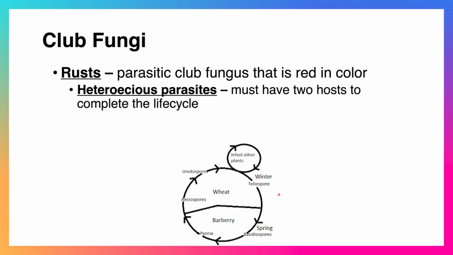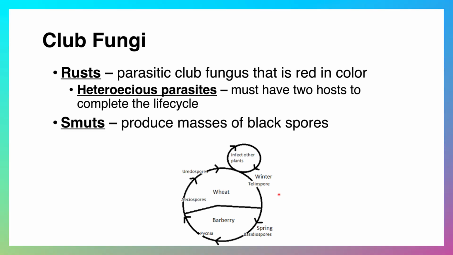The animal deposits it in the ground, and then the person is infected when they walk on that ground with bare feet. So these types of parasites need two different hosts in order to survive. Smuts are another type of club fungus which produces a mass of black spores.